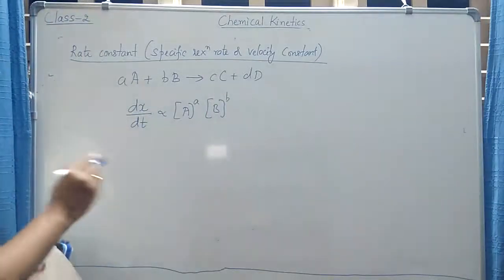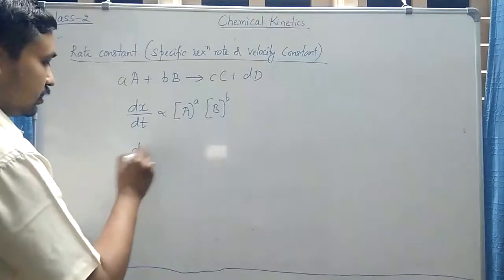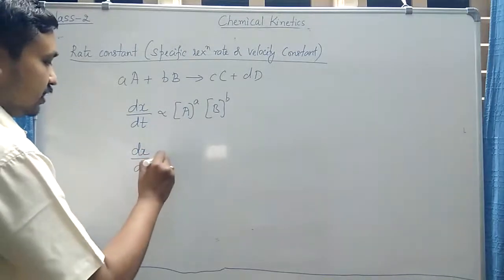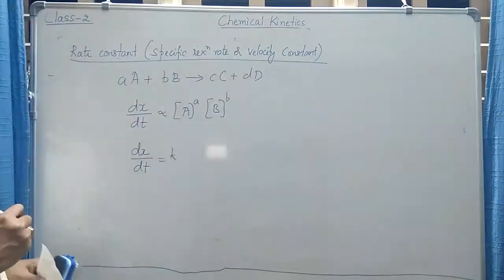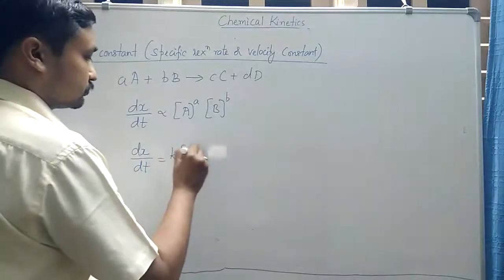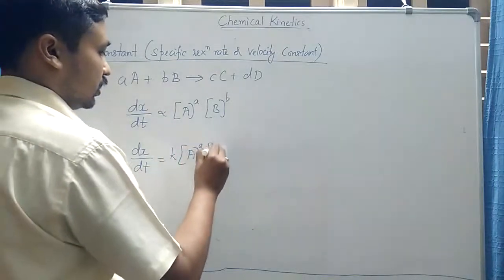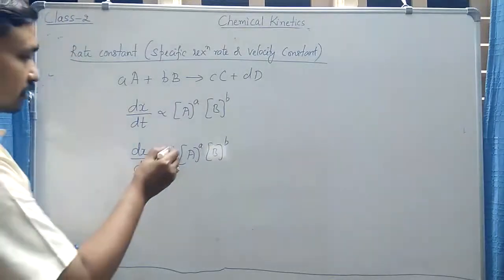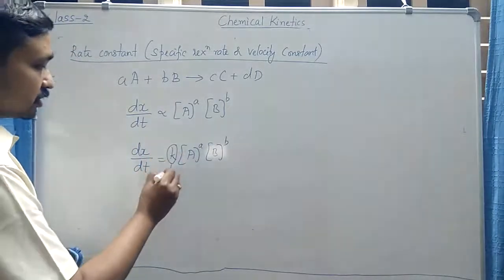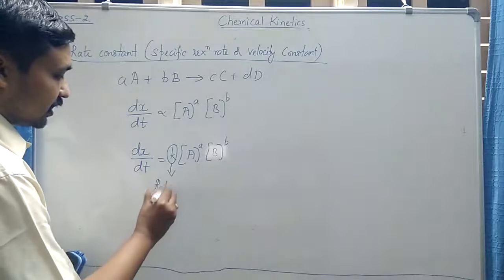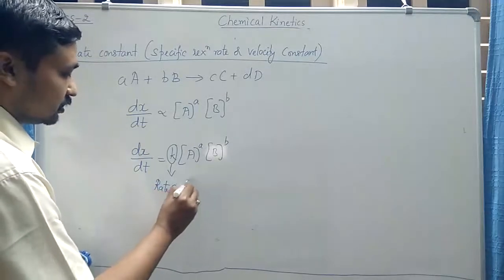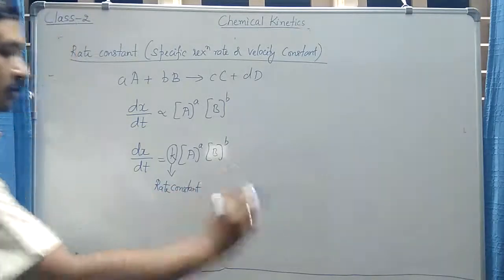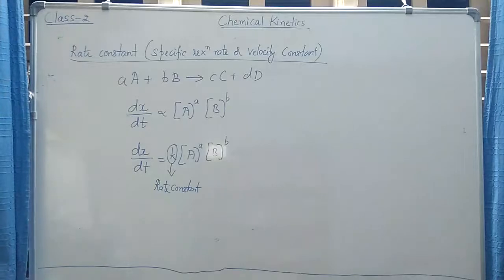If we remove this proportionality, we get dx by dt is equal to a constant k into [A]^a into [B]^b. This constant k is called the rate constant.